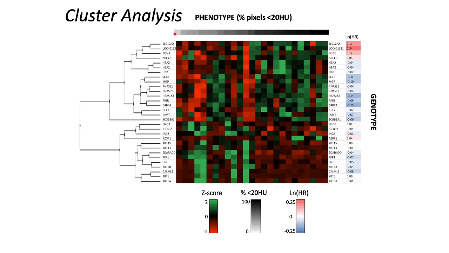So this is, the darker the grey, the higher the proportion of pixels of less than 20 Hounsfield units. You can see that it's clustered quite nicely. These genes have low expression when there's a high value for the biomarker, and these ones have low expression when this biomarker is less likely to be present.